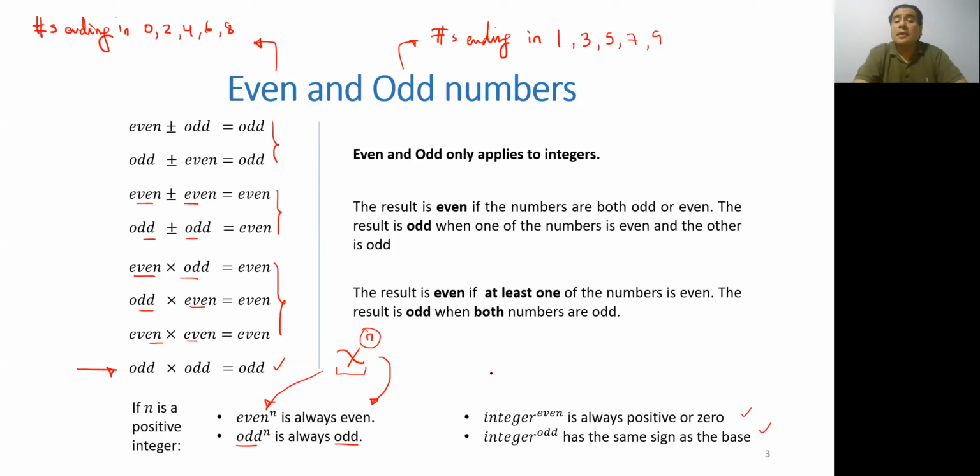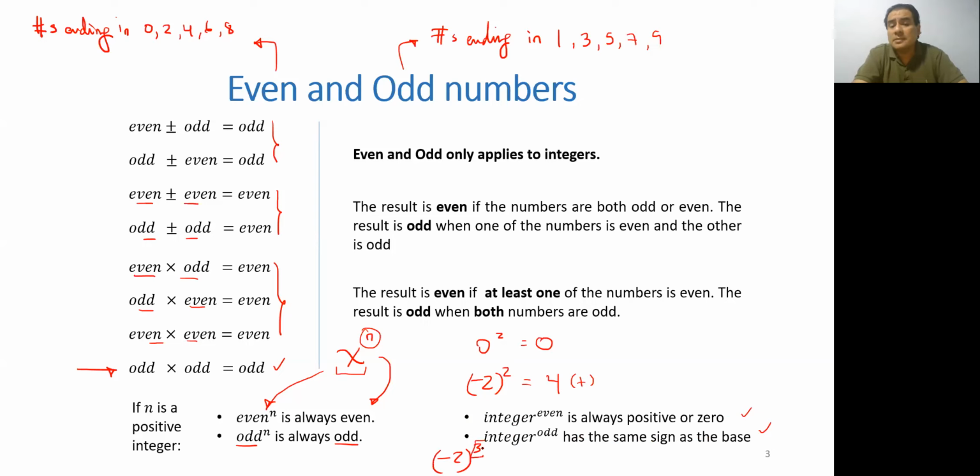Example, right? If you have -2 to an even power, that will always be positive. This is a positive value. And if you have 0 to the power of 2, that will be 0, right? What happens if you have -2 to the power of 3?